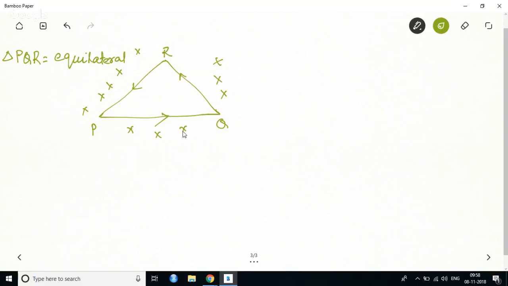So what I have been making is to show you that magnetic field is going inside. Current I is same in all the conductors. I is equal to 5 ampere.